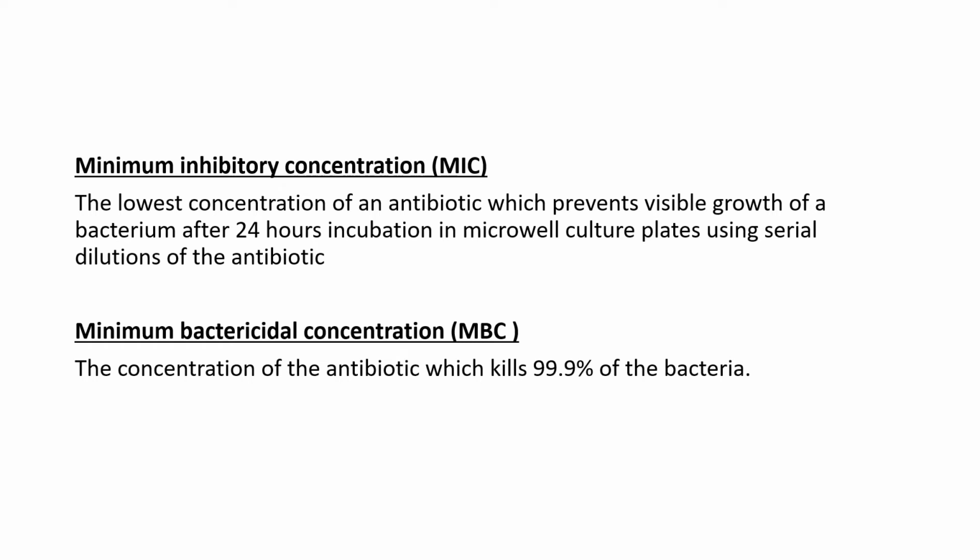When they grow the culture with the antibiotic, the lowest concentration which prevents the visible growth of the bacterium is the minimum inhibitory concentration. And minimum bactericidal concentration, MBC, is the concentration of the antibiotic which kills 99.9% of the bacteria.